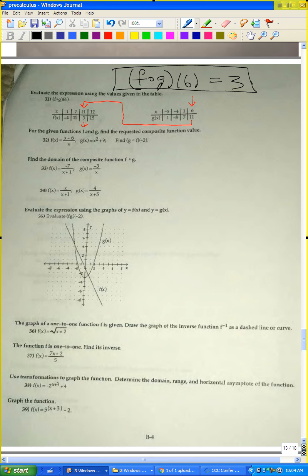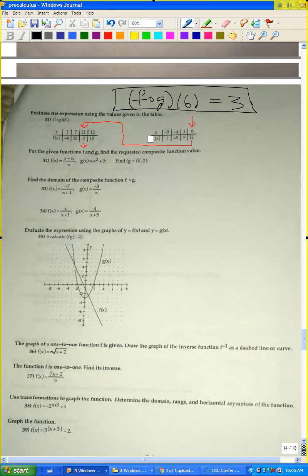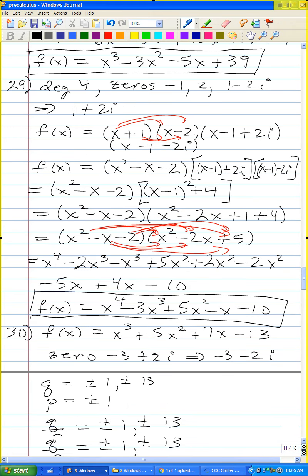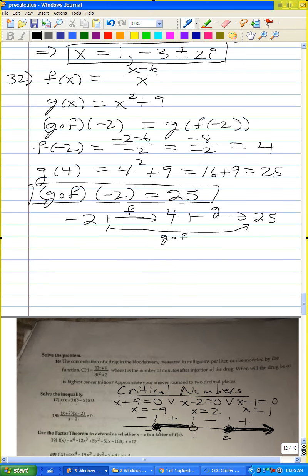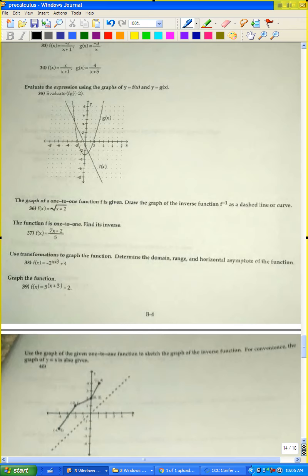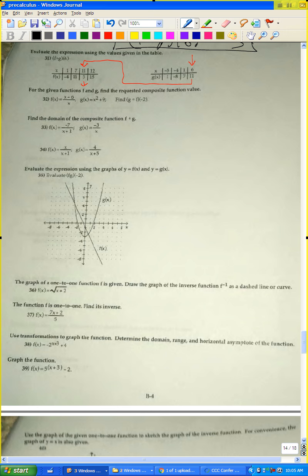Okay, so you want to find the domain. Okay, so let's do that. I can probably squeeze it in here. So I have f composed with g.